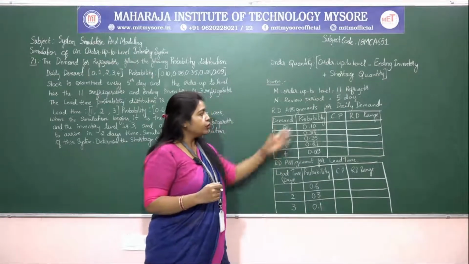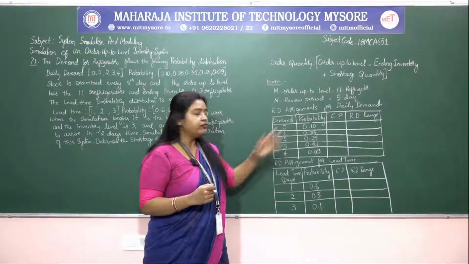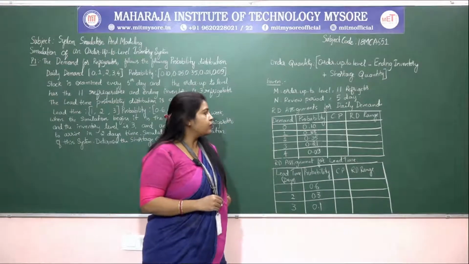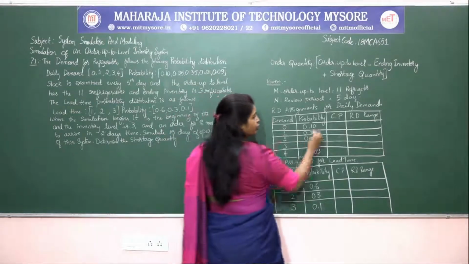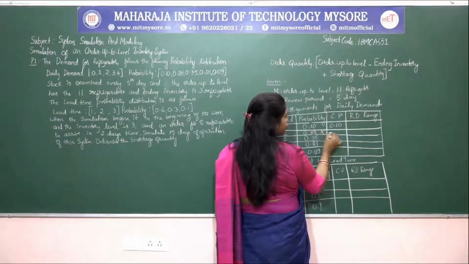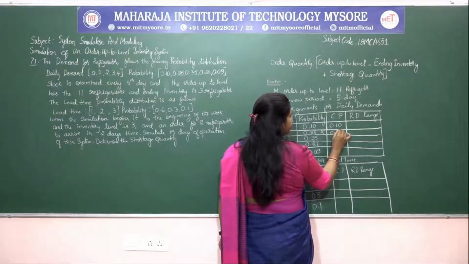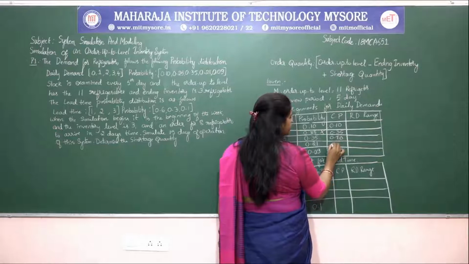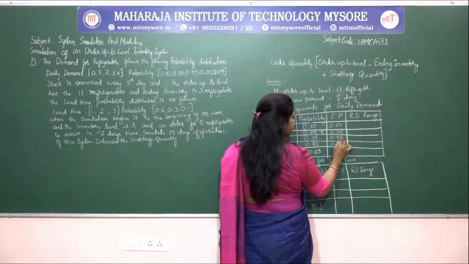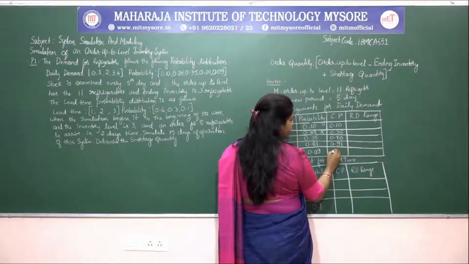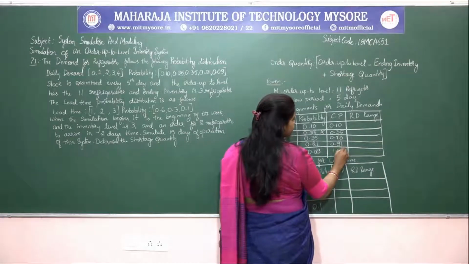In order to calculate the RD distribution, definitely we need to calculate the cumulative probability. So let us calculate it. The first one is 0.10, and then 0.10 plus 0.25 is 0.35. Next is 0.35 plus 0.35, which is 0.70. Next is 0.91, and then 0.91 plus 0.09 is 1.00.